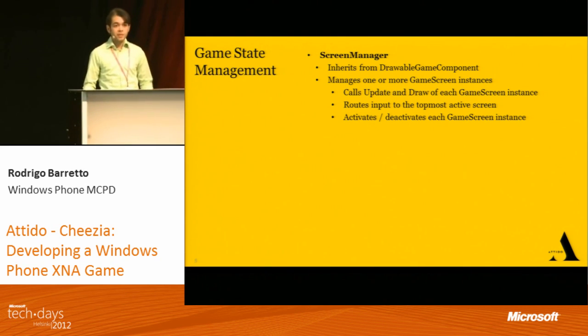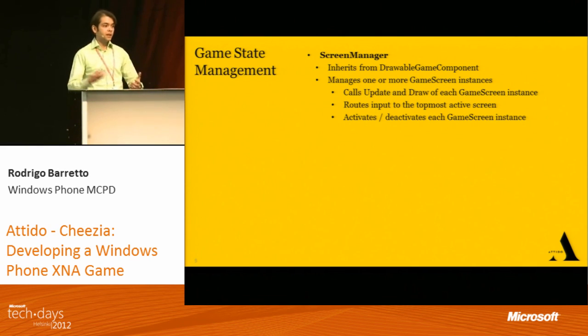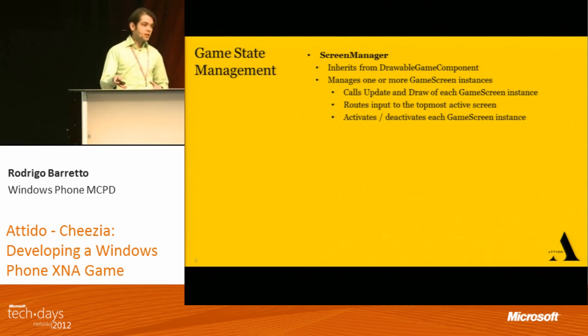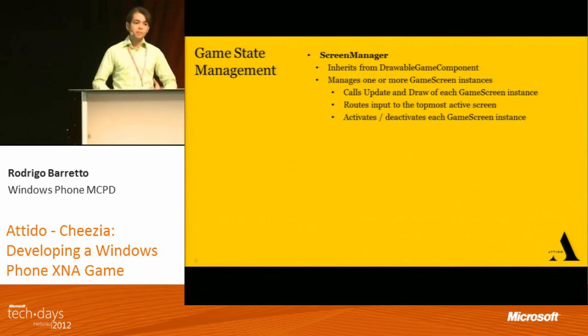And like the name says, it's responsible for managing one or many game screens that you have in your game. Since it knows how to be updated and drawn, it basically just calls all of the update and draw methods of the screens, and it routes the input to the topmost active screen. It's also responsible for the activation and deactivation of each game screen in case of tombstoning and coming back from it.